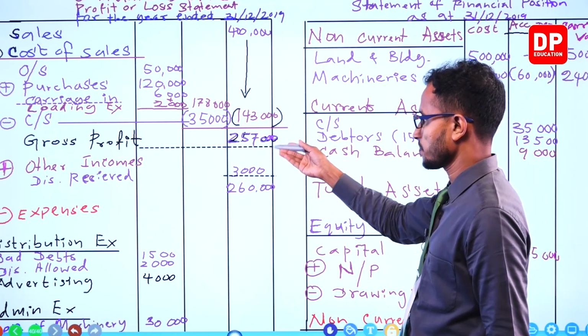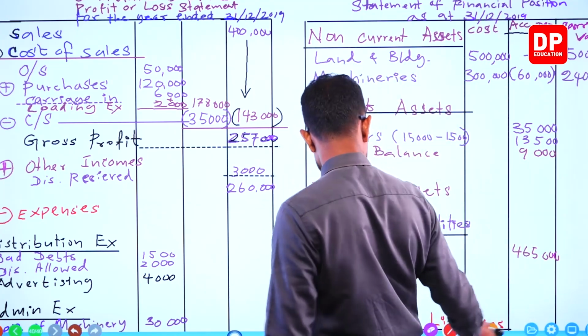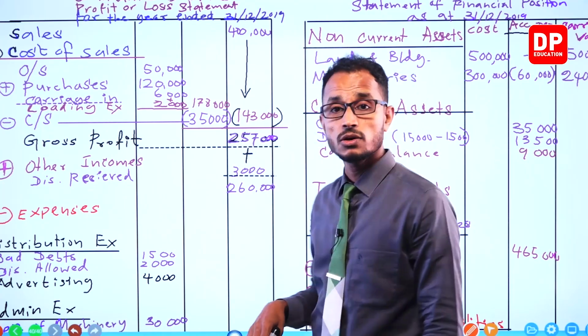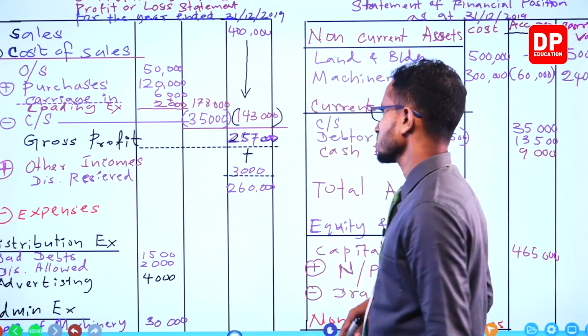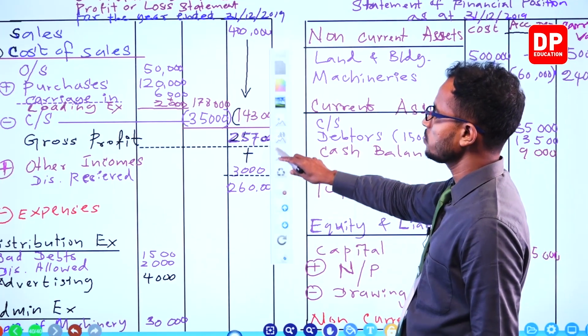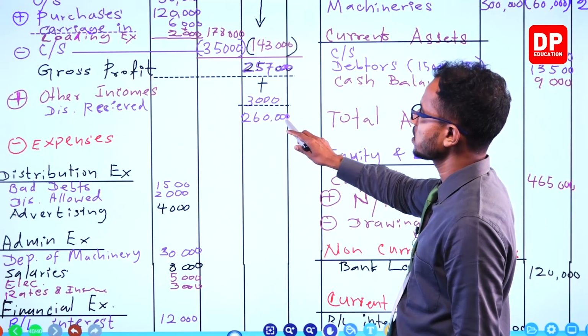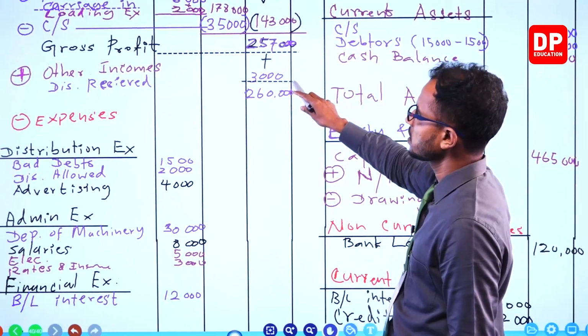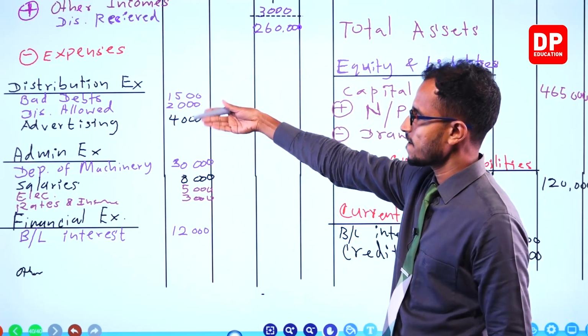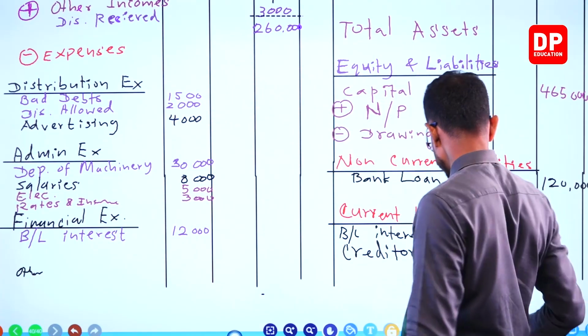I'm just showing you how it goes. From 260,000, you must subtract all the expenses.